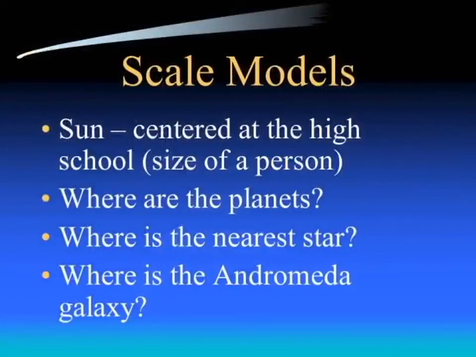So I want to know, relative to where you are right now in your size, where are the planets? I want to know where the nearest star is, and where our nearest galaxy is, in terms of a large galaxy. Now, we know there are other smaller galaxies between us and Andromeda and satellite galaxies that go around our galaxy. But Andromeda is certainly the largest galaxy within our local group. So I want to know where that galaxy is relative to where you are as the sun.